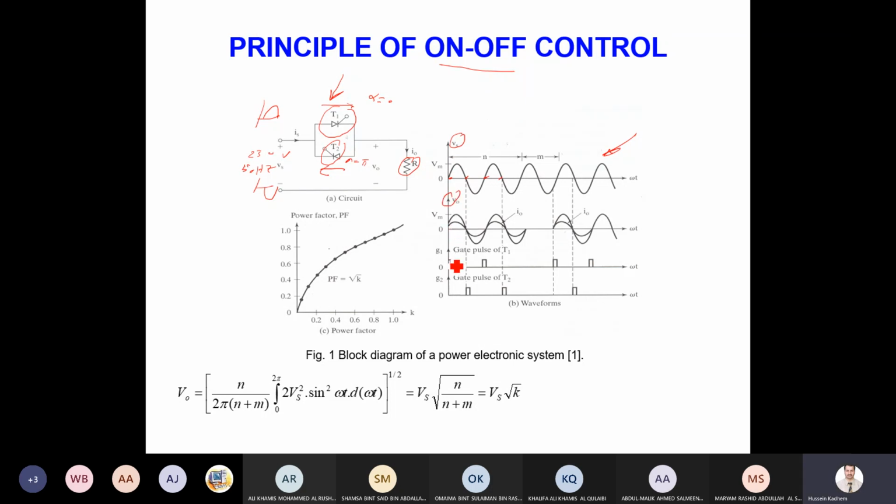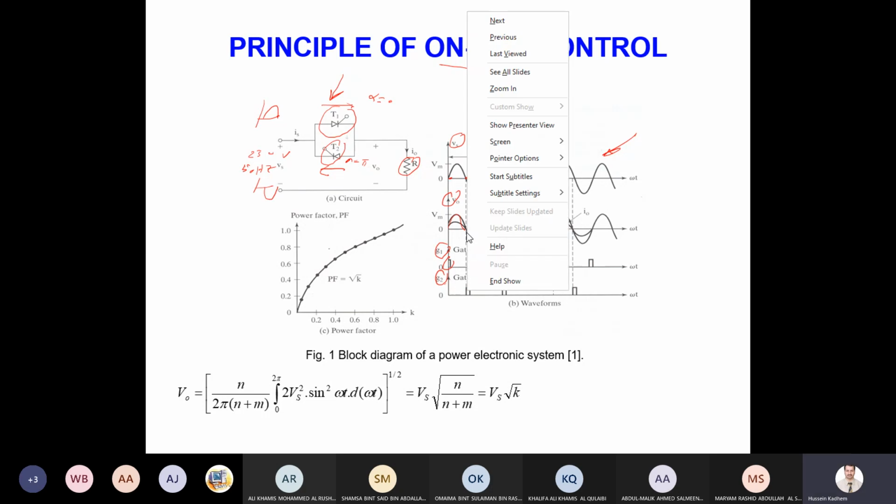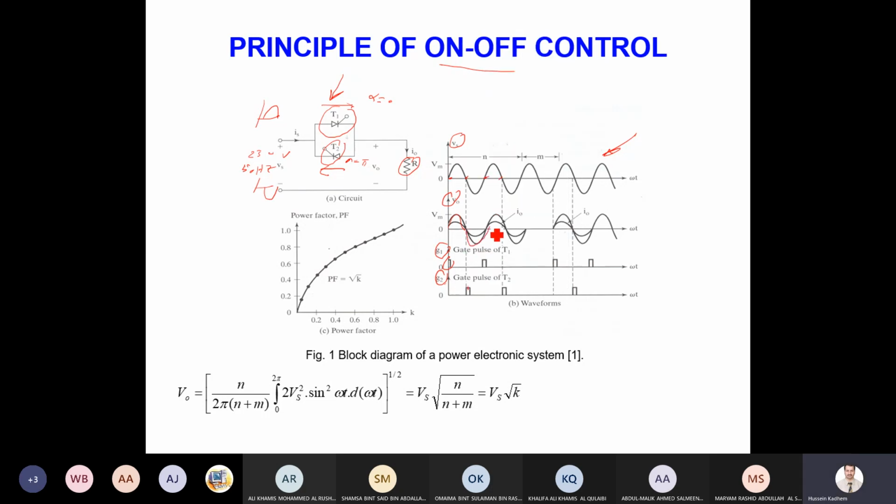Here I switch, you see here, gate 1 means thyristor 1, gate 2 means thyristor 2. I switch thyristor 1, the voltage appears across the load. Switch here thyristor 2, the voltage appears across the load. And again thyristor 1, thyristor 2. Here I did not switch anything. They are off.